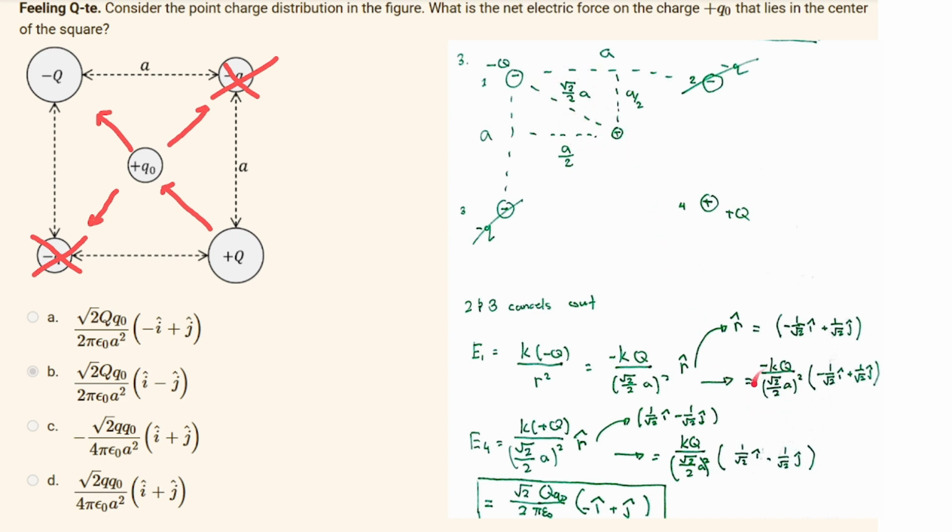That's why it's square root of 2 over 2 a over here. And it's r squared. The thing with r is that it's the vector pointing towards the particle, so we need i hat and j hat. So r hat is -1 over square root of 2 i hat plus 1 over square root of 2 j hat.